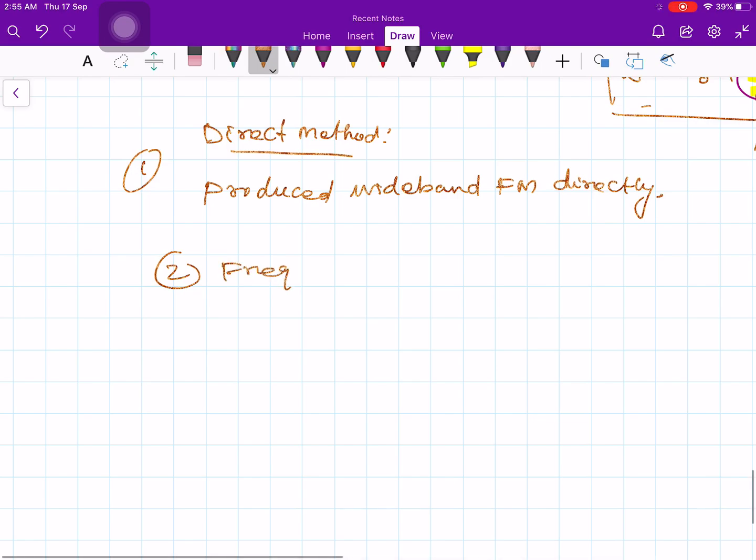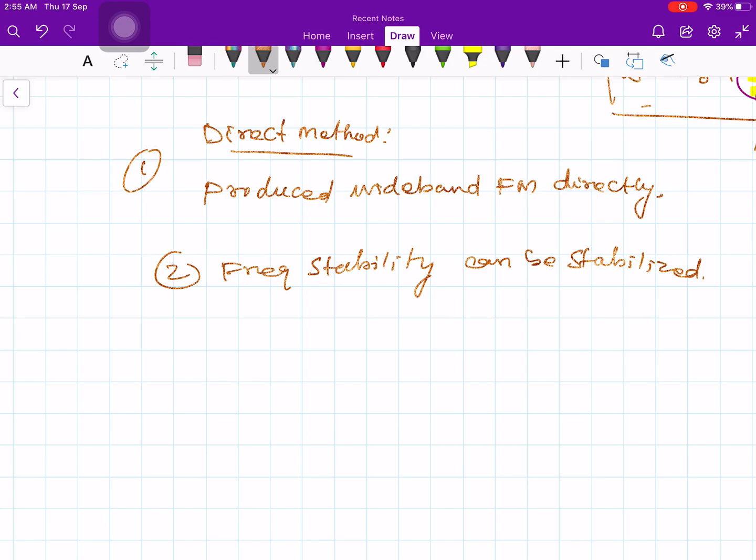So the frequency can be stabilized. Stabilization is possible through an appropriate feedback system, which makes it quite expensive because we don't have a crystal oscillator in the circuit. The feedback circuit has an LC component, and that LC component changes with temperature and time.